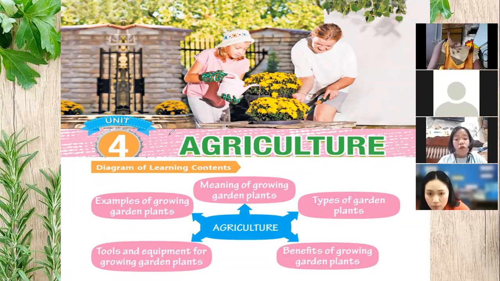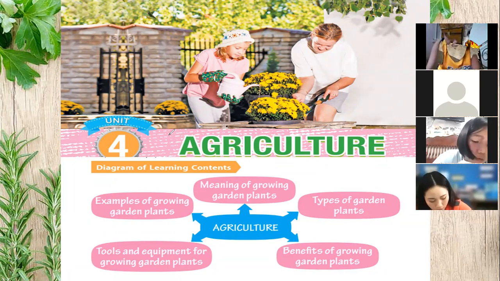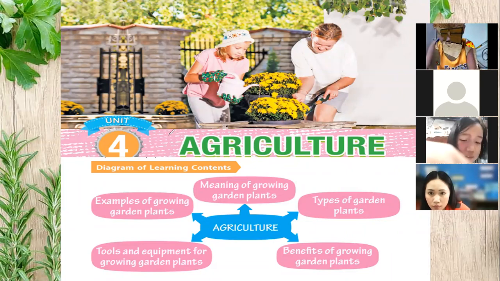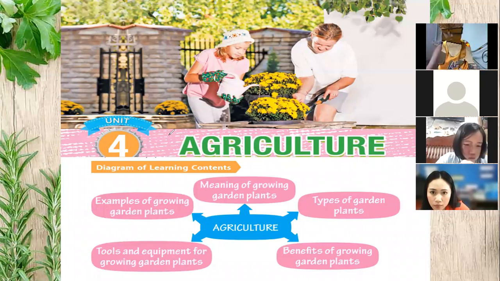Also, we are going to learn about tools and equipment we are going to use for growing garden plants. Also, benefits of growing garden plants. So these are all we are going to discuss in unit number 4, agriculture.